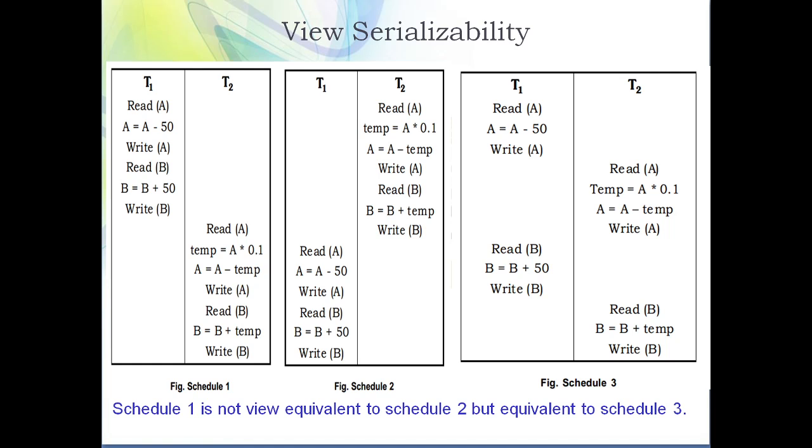Here we can say that schedule 1 is not view equivalent to schedule 2, but schedule 1 is view equivalent to schedule 3. So let's discuss why this statement is given, that schedule 1 and schedule 3 are view equivalent, but schedule 1 and schedule 2 are not view equivalent.